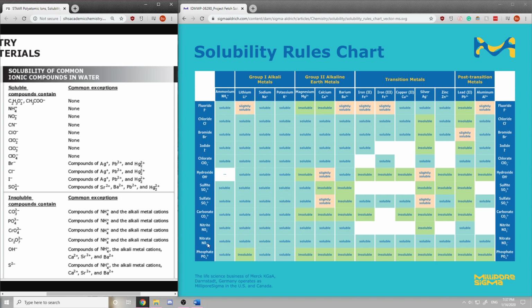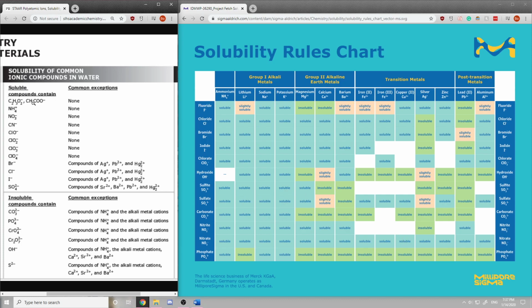If you look at nitrate and look across, everything is labeled soluble. No matter what the partner is, no matter what the cation is for nitrate, everything is always soluble, meaning it will always dissolve in water. No solid will ever form with something bound with nitrate.